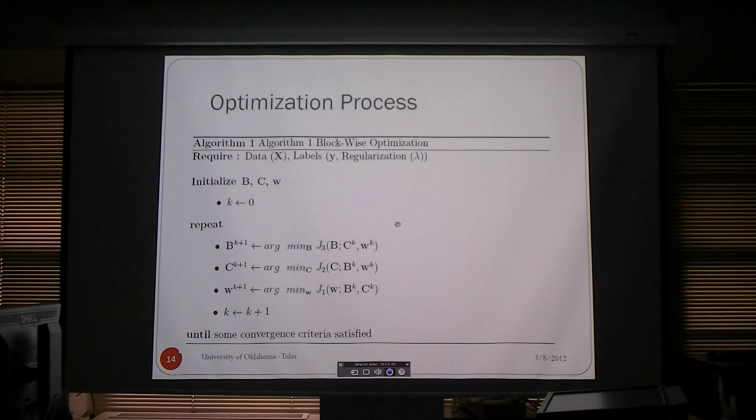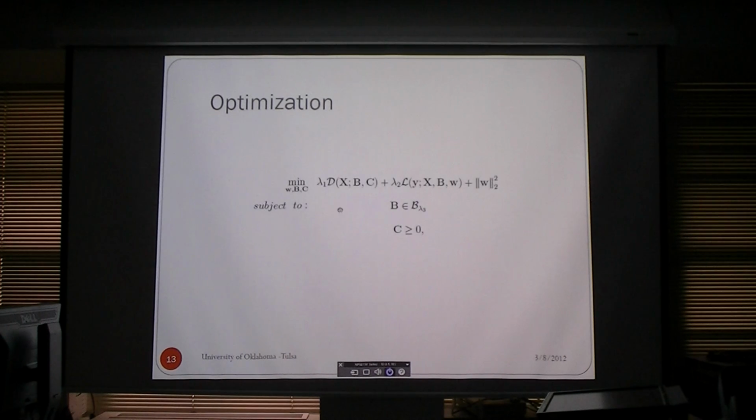And in the paper, they assume the function that we must optimize is not convex with respect to all of the coefficients and variables together.